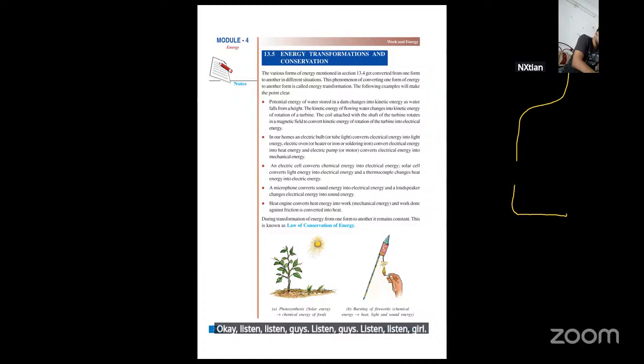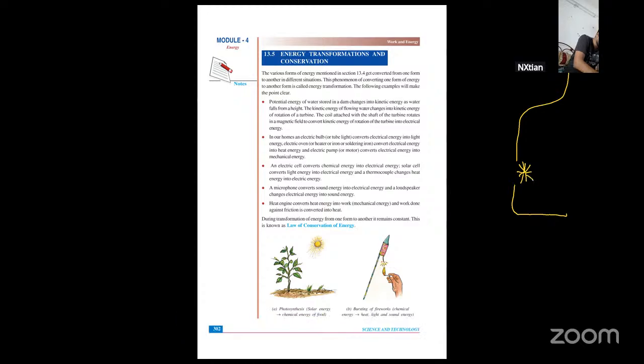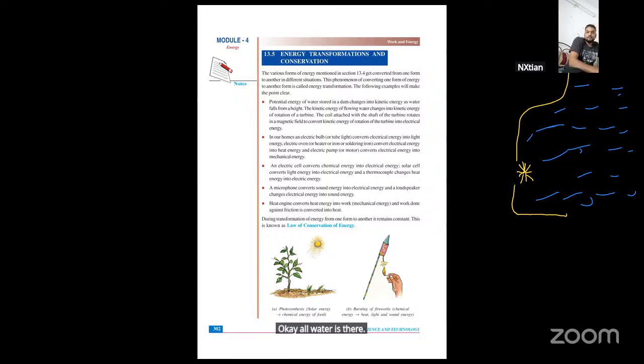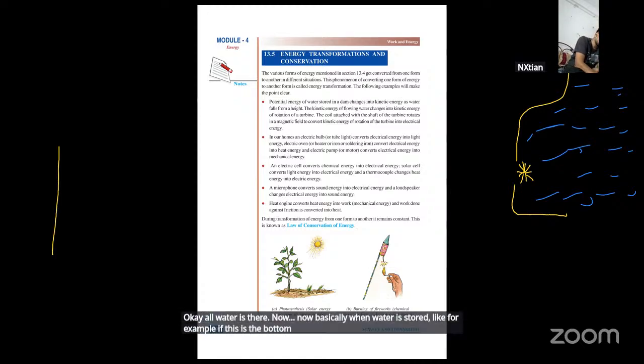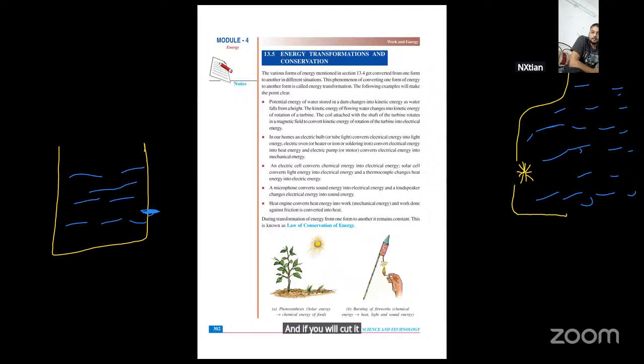Okay, so basically how hydroelectricity forms, I will tell it to you. Understand it like this. This is a dam in which all this water is there. Now when water is stored, for example, if this is a bottle full of water and you cut it from this side, then what will happen?